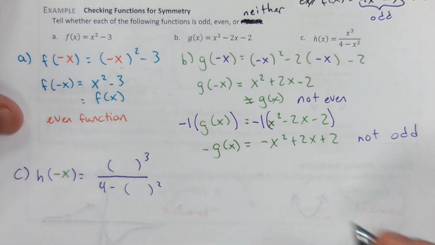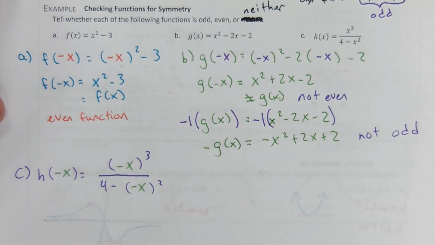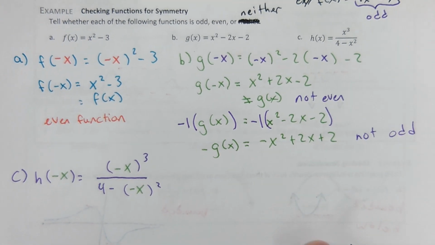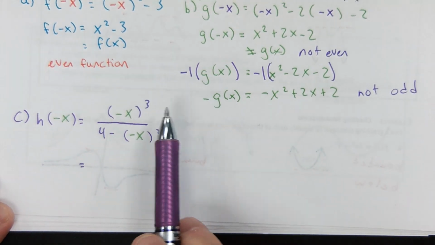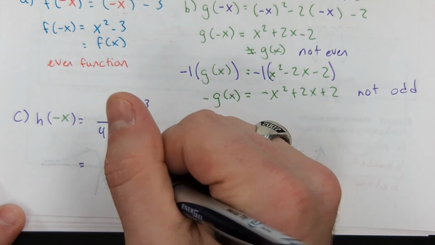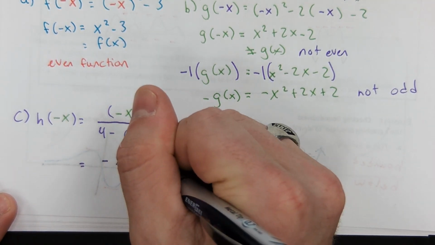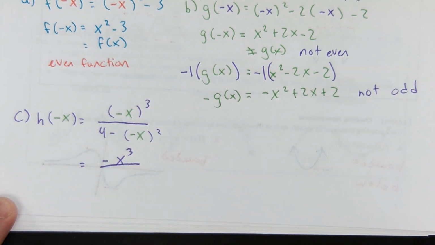Replacing all my x's with negative x's. An odd number of negatives gives me a negative. And we've already seen what happens when we do negative x squared.